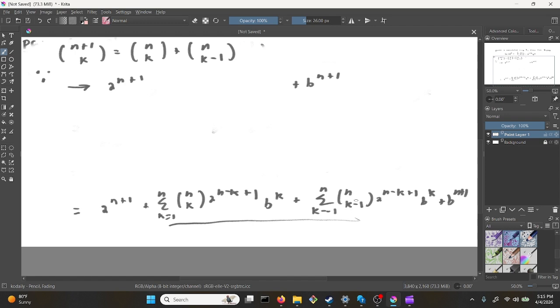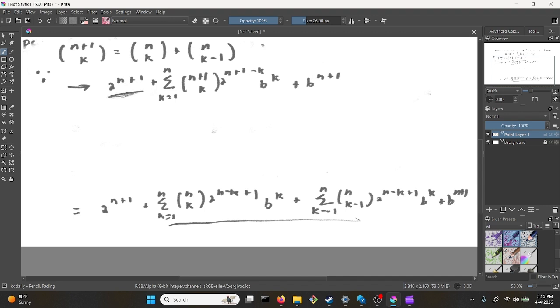These 2 choose coefficients, they're going to combine. And then we're going to get this. a to the n, I'm going to write it like this now. Okay, so we get this. And something you can notice is that if this k were to be equal to 0, right?